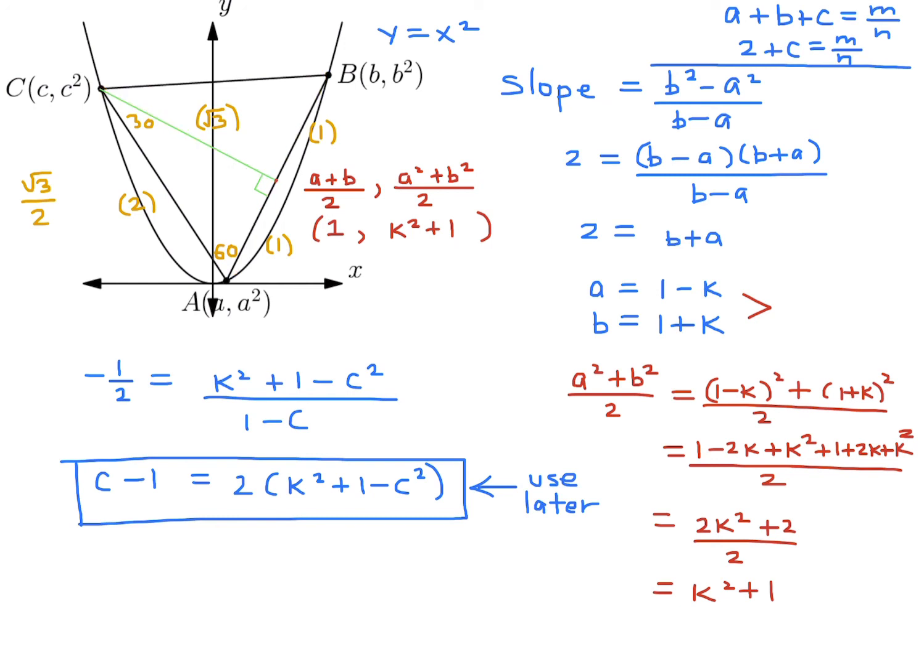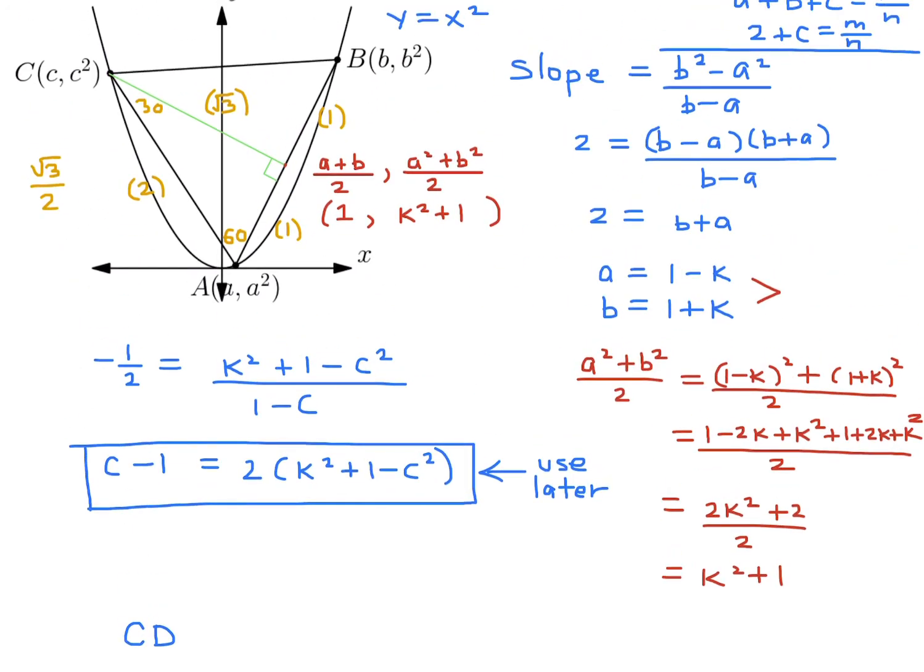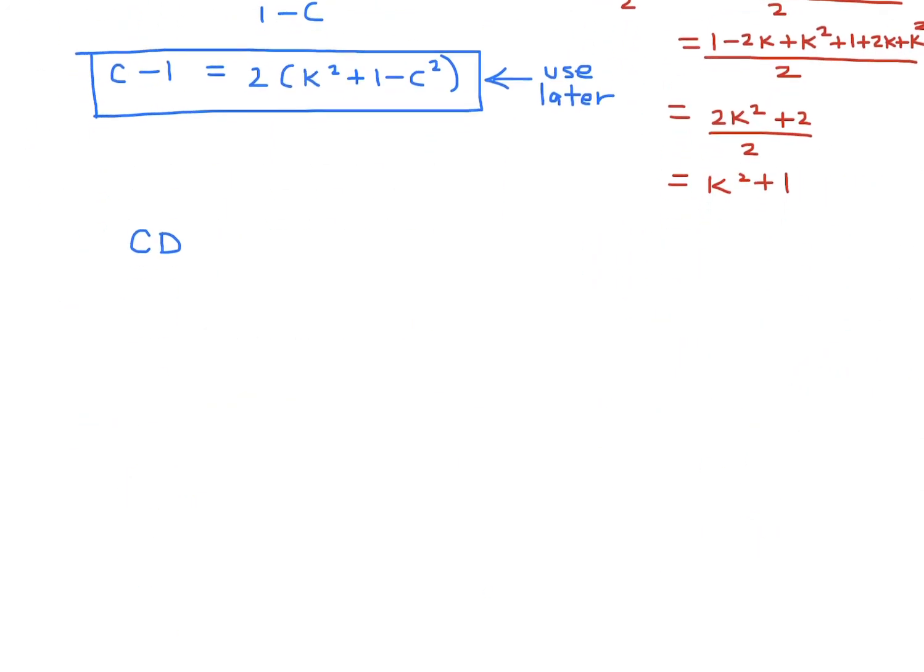So I can figure out both of those using my points. All right, let's do that. So we're going to figure out the length of CD. CD, of course, is from here to here, where this is D. D is the point where it touches AB.